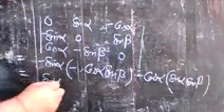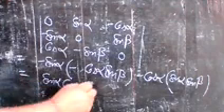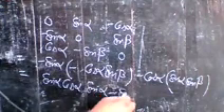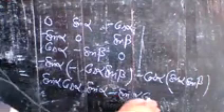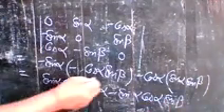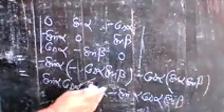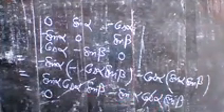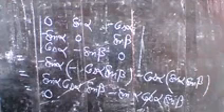So sine alpha, cos alpha, sine beta. And here you have minus sine alpha, cos alpha, sine beta. Here you see that these are the same terms, so your answer is 0.